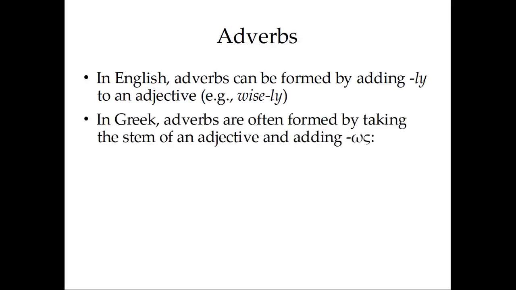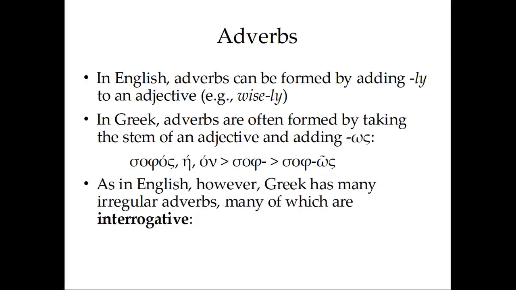In Greek, adverbs are often formed by taking the stem of an adjective and adding os, omega and sigma. For instance, let's take the adjective sophos, sophe, sophon, the three different genders of the adjective there, the nominative singular in each. And we can get the stem, of course, by dropping the ending os, e, on to get soph. That gives us our stem. And then we just add the omega sigma, sophos, to get our adverb wisely.